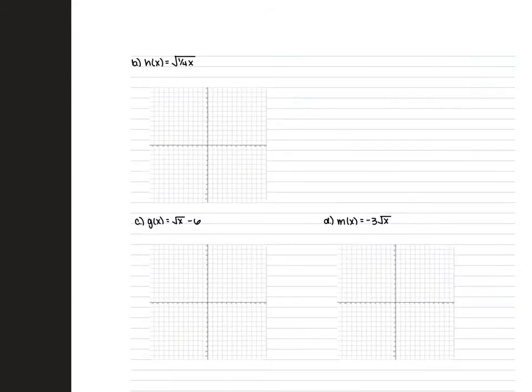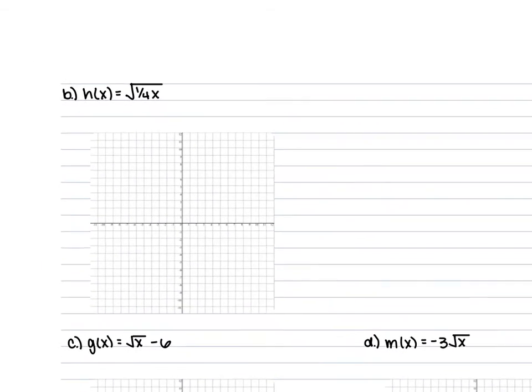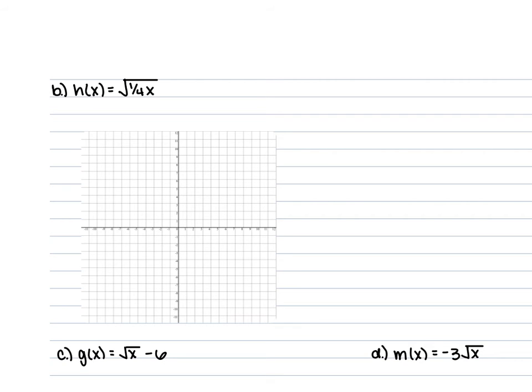For example B, we have h of x is equal to the square root of 1/4 x. That 1/4 is the coefficient of x underneath the radical. So take the reciprocal of it. Reciprocal is 4. 4 is a number greater than 1.